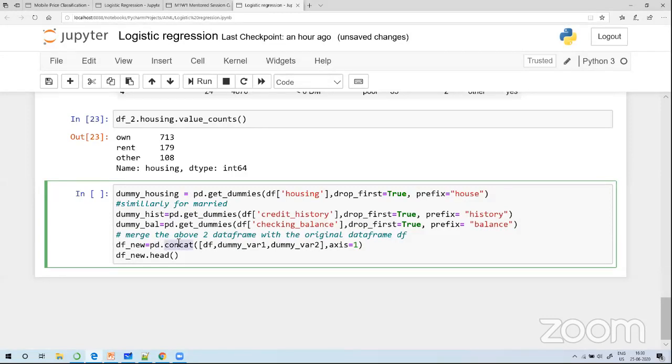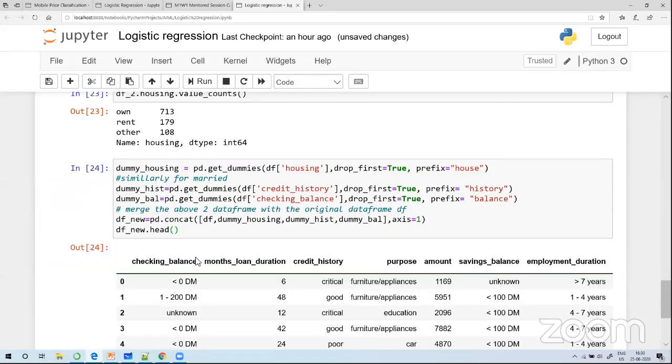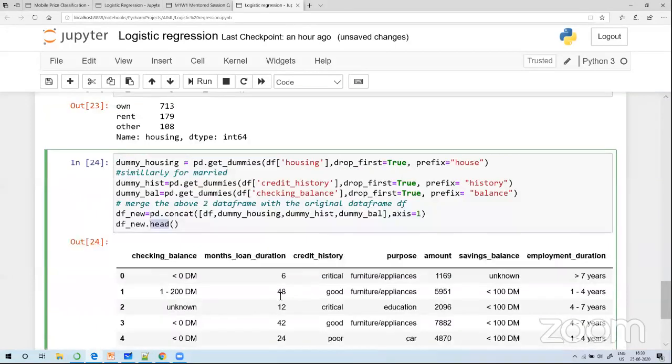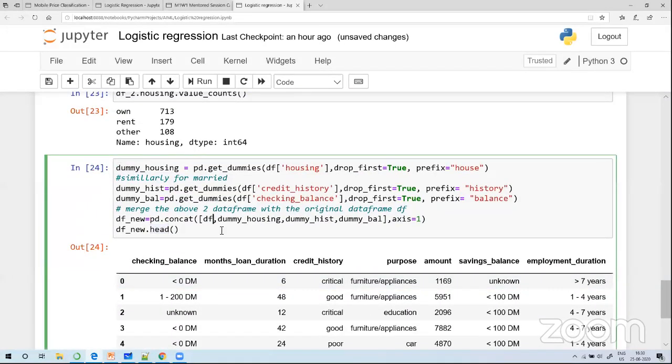It's like concatenating. I am going to concatenate df, which is the original data frame, and the 3 dummy variables that we have created. This is 1, this is 2, and this is 3. So we get 3 new columns added to it, and we create the new one, which is df_new dot head. Now look at, okay, it should not be df, it should be df_2.